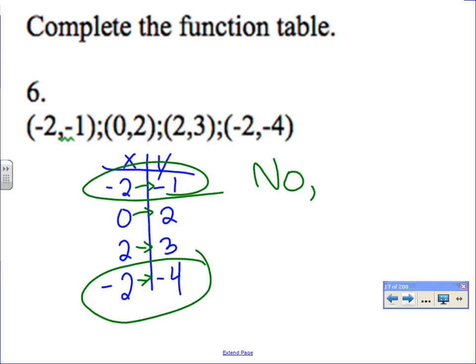So -2 goes to -1, but then at another point or another relation, -2 goes to -4. You cannot have the same x value going to 2 y values. So not a function. It's not 1 to 1. Give me a thumbs up, thumbs down on that question.